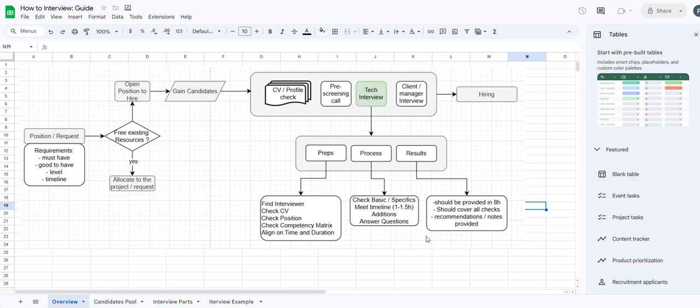So what might be additional notes related to the interview? As we already mentioned, our technical interviewer is actually a face of the company.